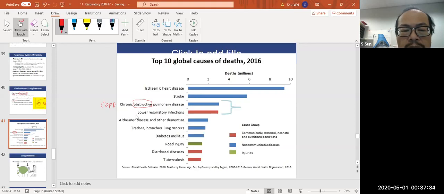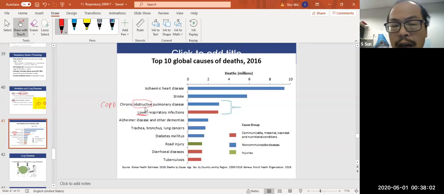Why is it lower? Because this is a lesion lower than the vocal cord, not in the nose, not in the upper vocal cord area, but the lower vocal cord area. Basically, those are the trachea, bronchi, and alveoli.